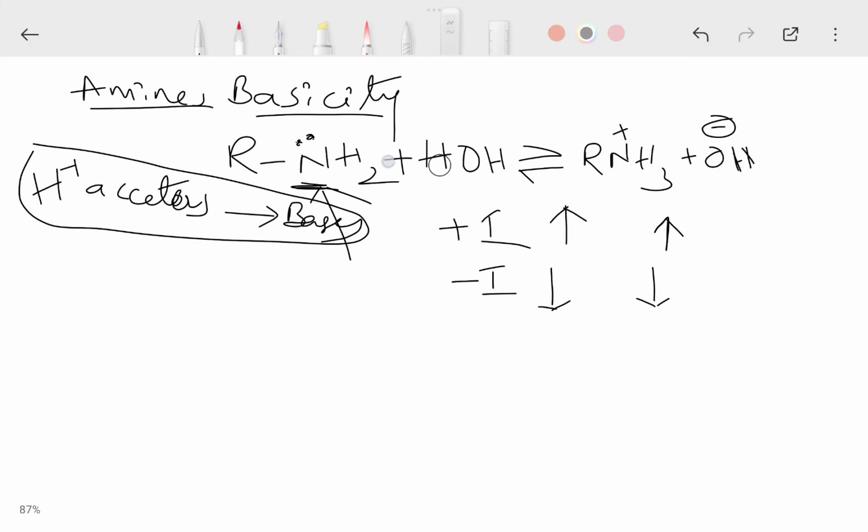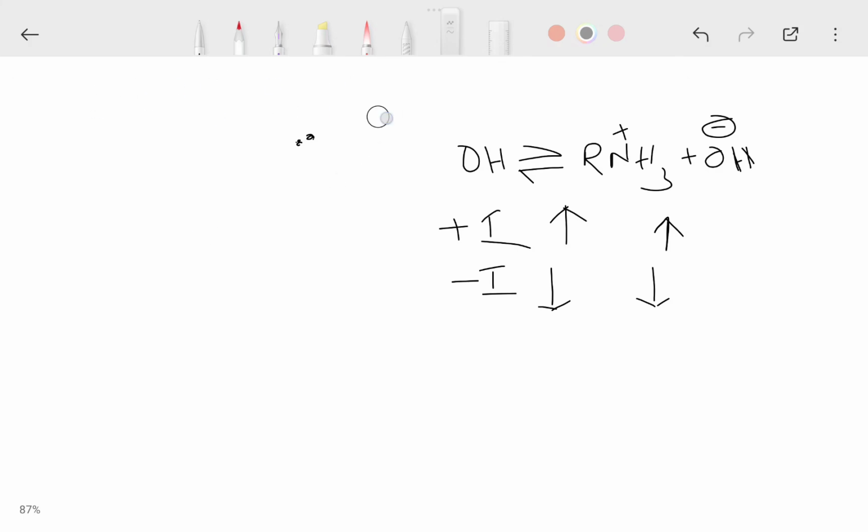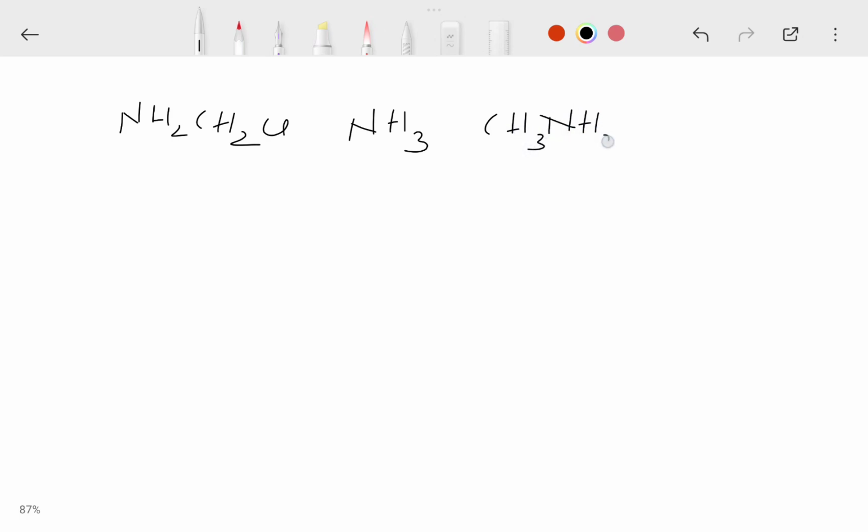I am writing one example here. For example, NH2CH2Cl, NH3, CH3NH2, and then (CH3)2NH.